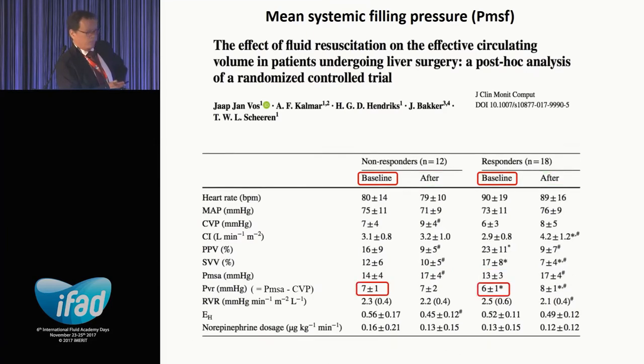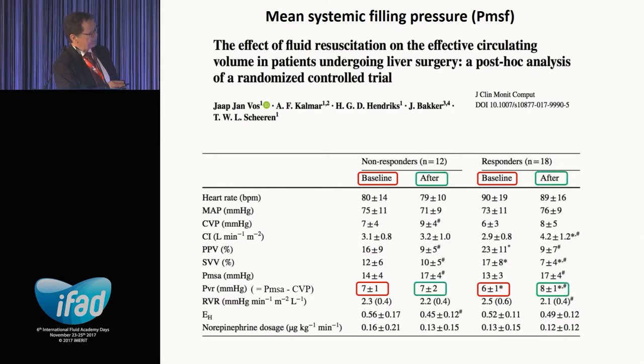Now let's look at the pressure for venous return. So the difference between the mean systemic filling pressure and central venous pressure, which is the driving pressure for the heart to increase cardiac output. This was lower in the responders. These are small numbers, small differences, but we are talking about low pressures. So this was significantly lower in the responders at baseline.